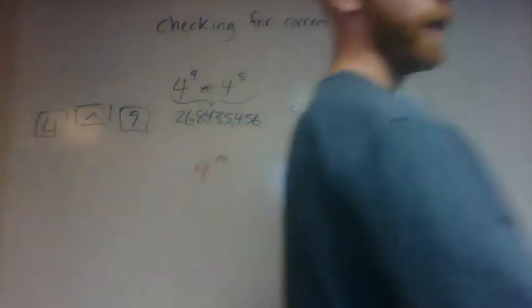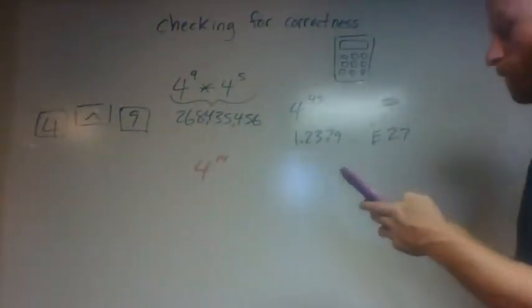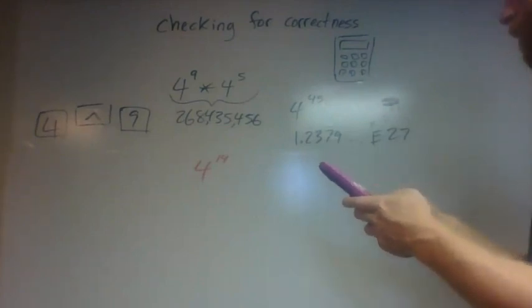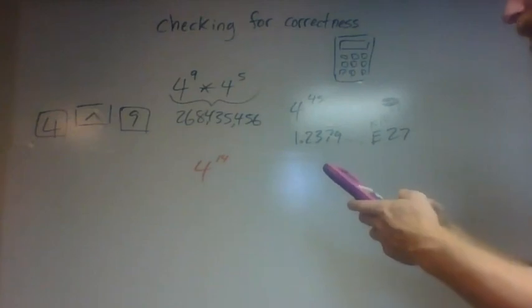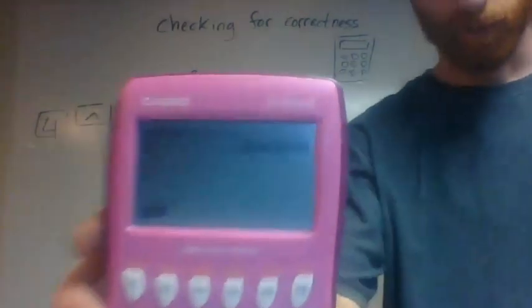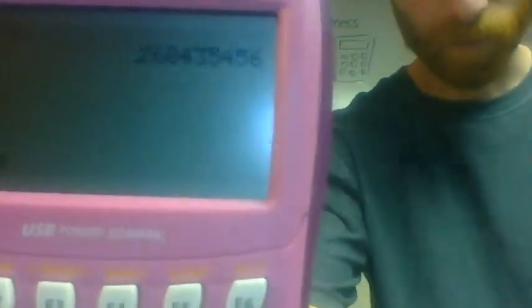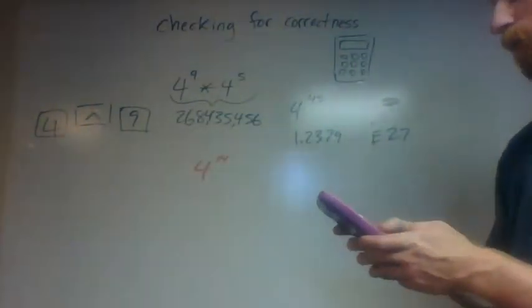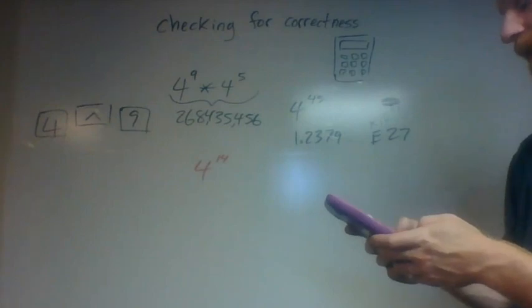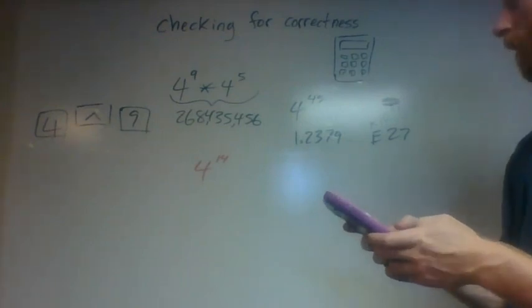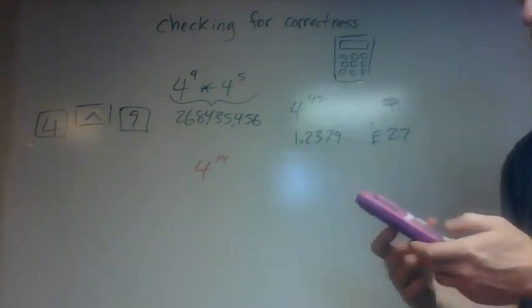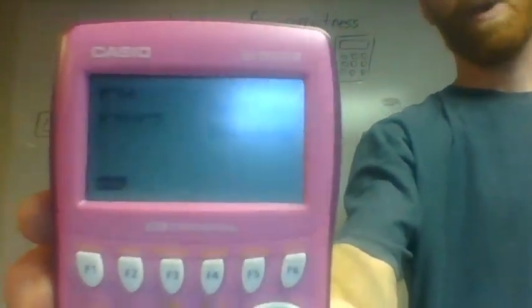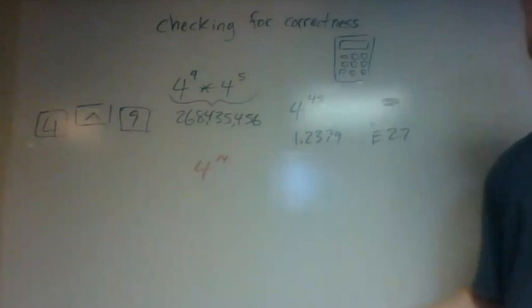And if I put 4 to the 14th power into the calculator, I'm going to get the same answer as when I put 4 to the 9th times 4 to the 5th. All right, same answer. They do match. I'm confident. I know I'm right. And I move on to the next question.